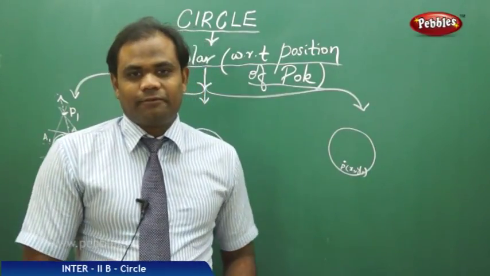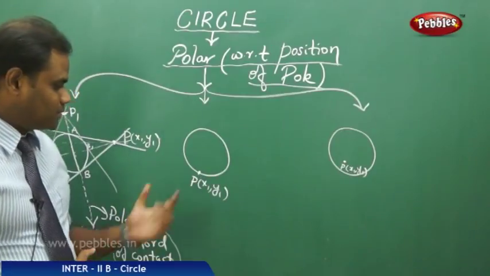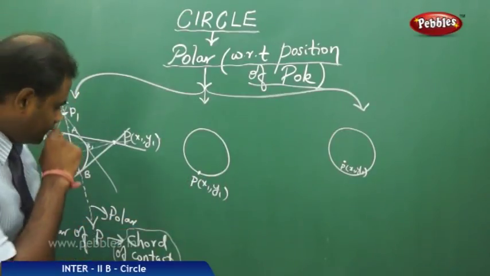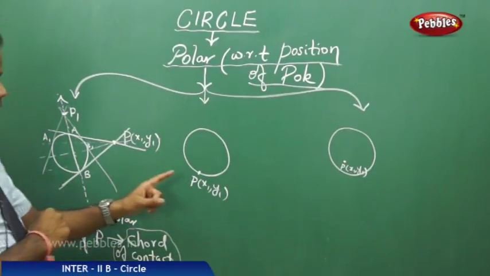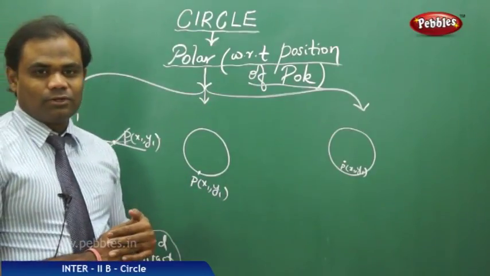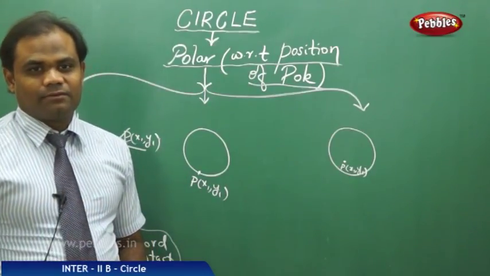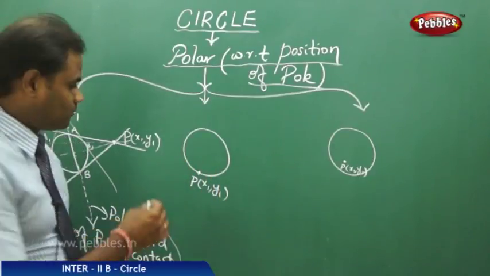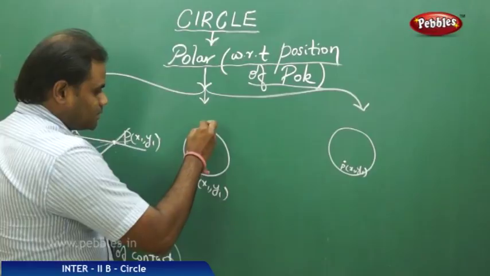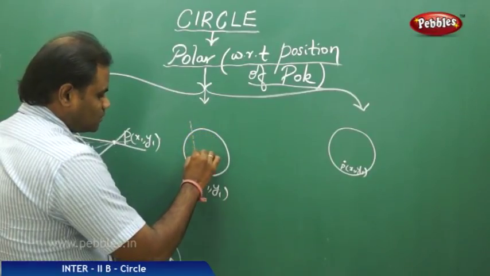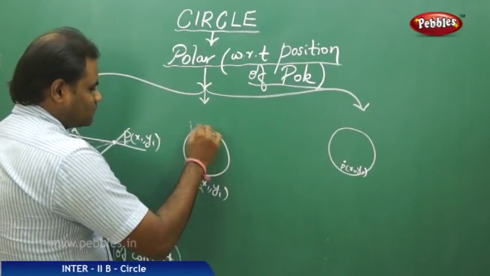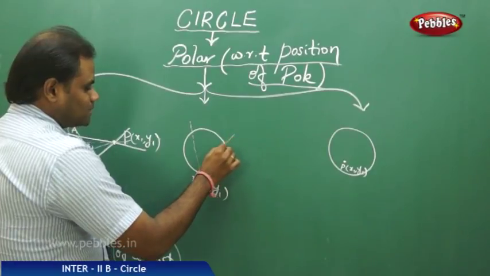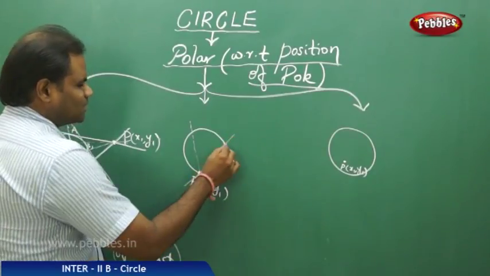Now let's use the definition of polar for a point which is on the circle. So to come to case 2, if I have a point P on the circle, then we know that the polar is obtained when I draw different lines passing through P and cutting the circle. Step 1 of understanding the polar is where I draw each of the lines passing through P and cutting the circle.